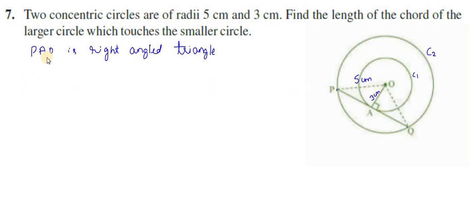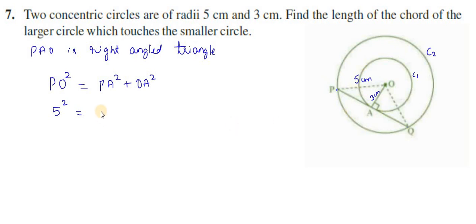According to the Pythagoras theorem, PO square equals PA square plus OA square. So PO square is 5 square, which equals PA square.